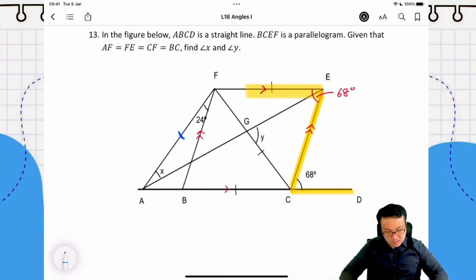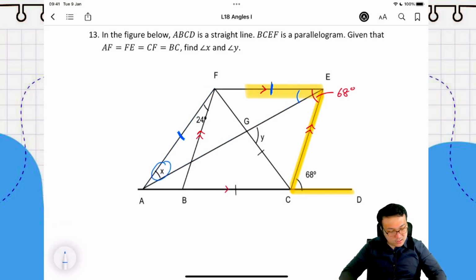They said that this line equals this line, so we have an isosceles triangle. What angle is this, Shiting? Because it's an isosceles triangle, can you see this line is the same as this line? Can you see this isosceles?